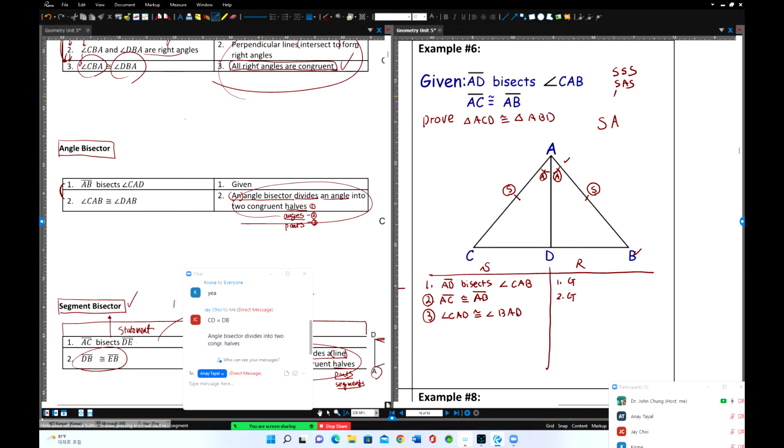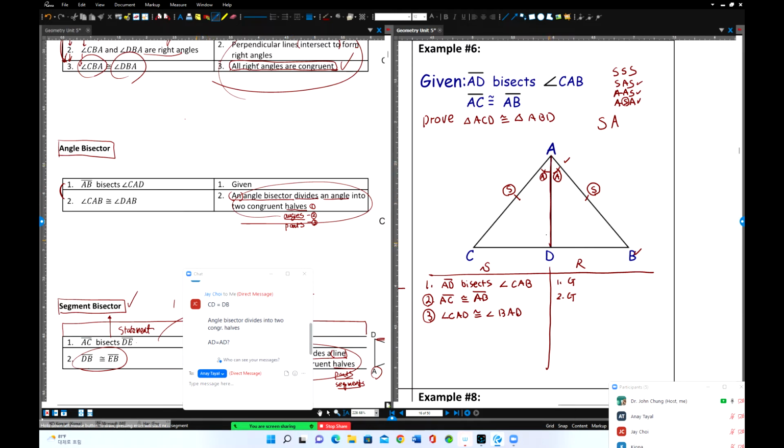We have one side over here. You can go here. Okay. Where is another one? Can you guys find one more? AD equal AD. Perfect.